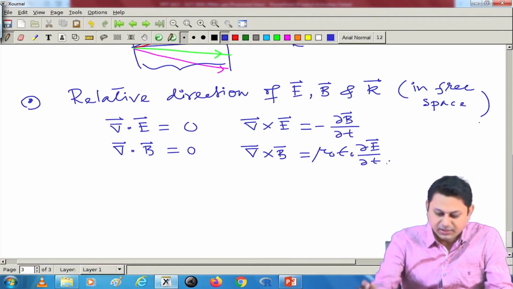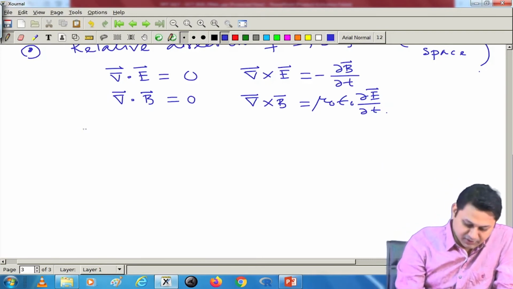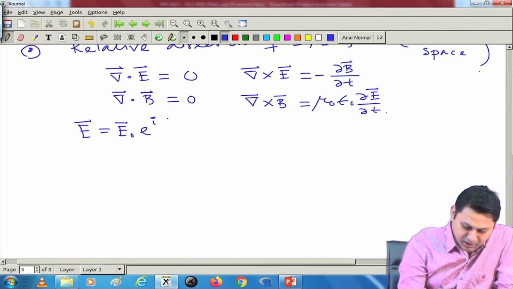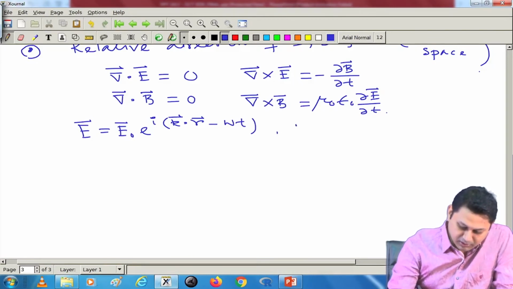We have 4 equations, and also on top of that we have the solutions for that. The solution is E vector equal to E 0 e to the power of i (k dot r minus omega t), and similarly I have a solution for B as well.